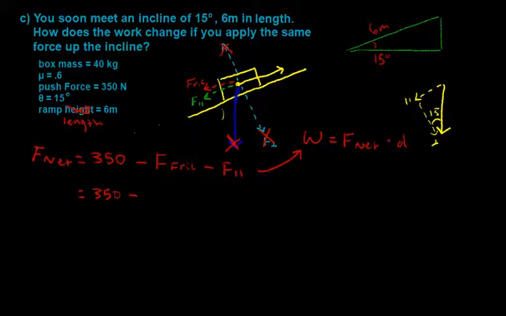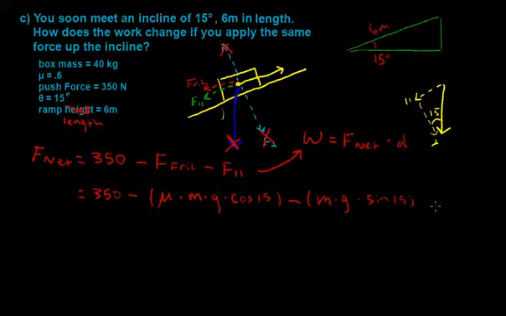Because first of all, we know that friction force is equal to our coefficient of friction times normal force. And we said earlier that our normal force was equal and opposite to the perpendicular component of force, and that that was equal to mass times acceleration due to gravity times cosine of 15 degrees. And then as well, our parallel component of force was mass times acceleration due to gravity times the sine of 15 degrees.